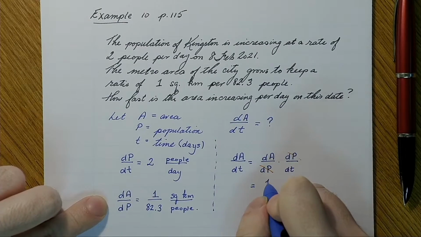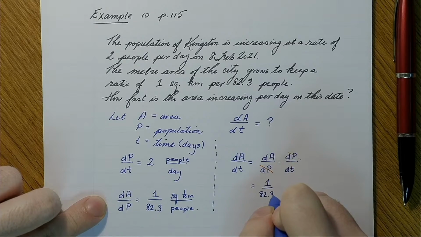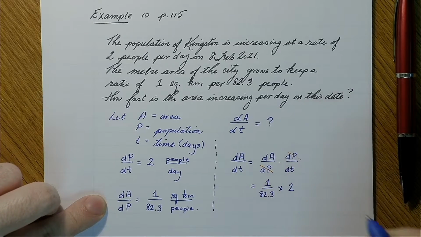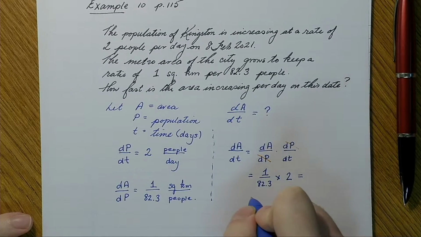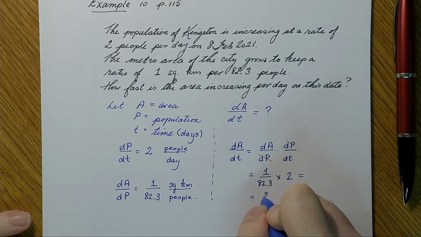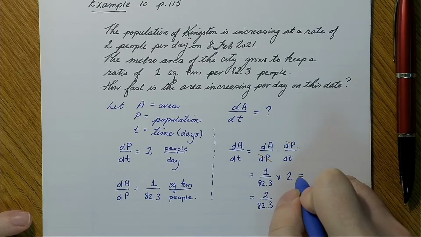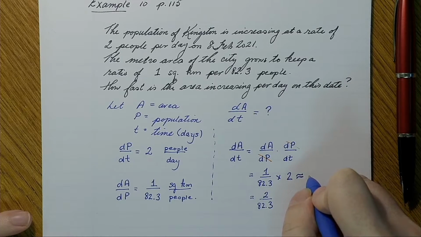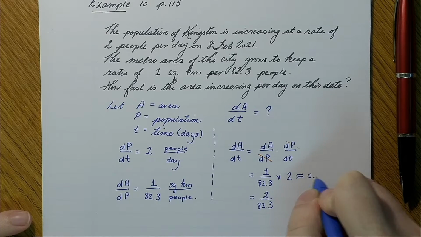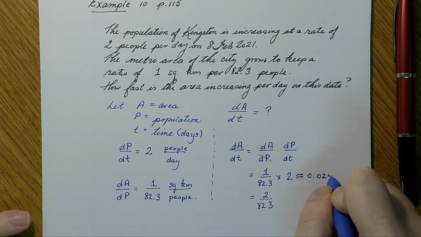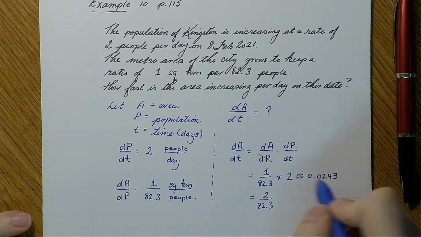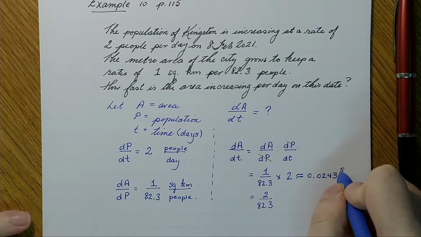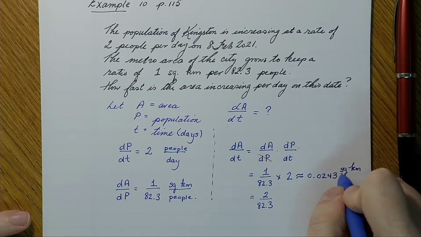So now we can simply substitute in our values, so that you get 1 over 82.3 times 2, and that is equal to 2 over 82.3, which is approximately equal to 0.0243. And because this is a rate, it's square kilometers per day.